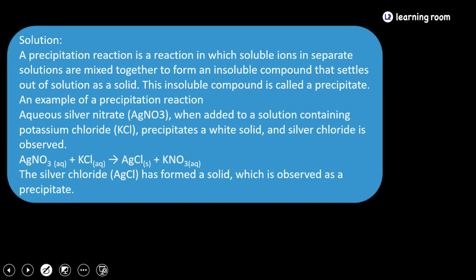Another example: when silver nitrate is treated with potassium chloride, potassium nitrate is present in aqueous form and silver chloride is present as a solid. So this is called precipitation. In a precipitation reaction, soluble ions in solutions are mixed together to form an insoluble substance or compound that settles in the solution.